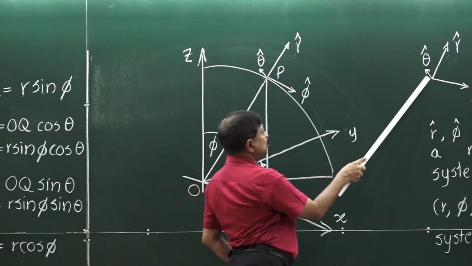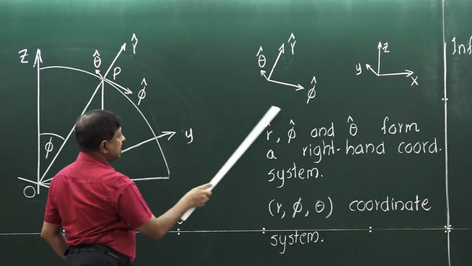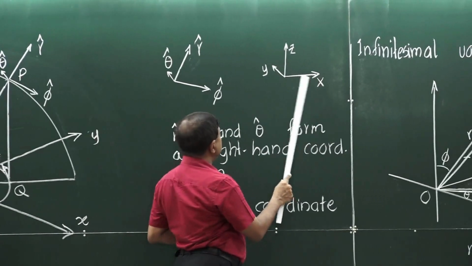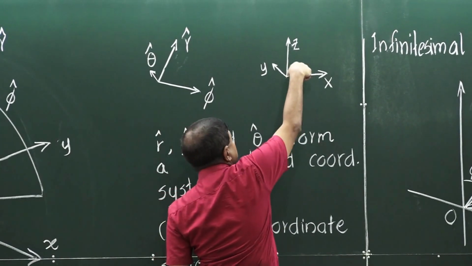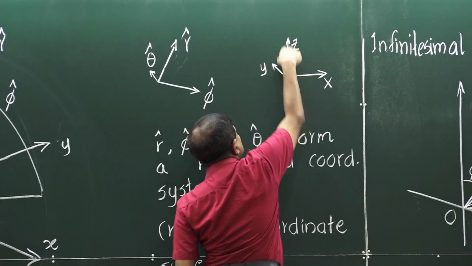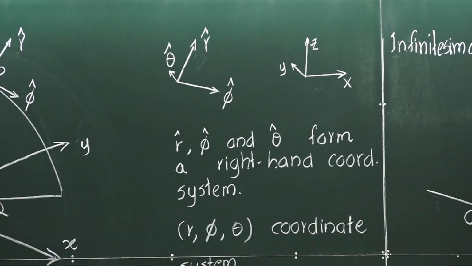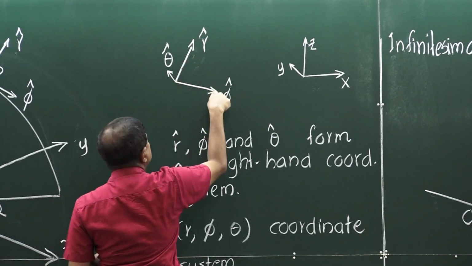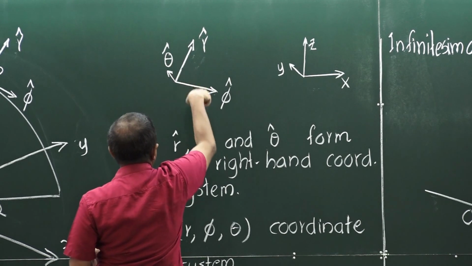Now, if you look at this diagram, you have this orientation. And if you take the xyz coordinate system, you have it in this way. When you take a screwdriver and move it in this direction, the head moves along this direction. Head moves along the third coordinate axis. Similarly here, if you take r and phi, we have to rotate the screwdriver like this.